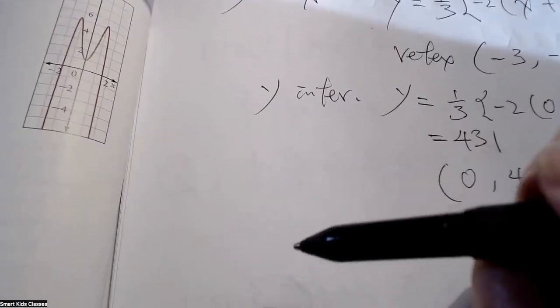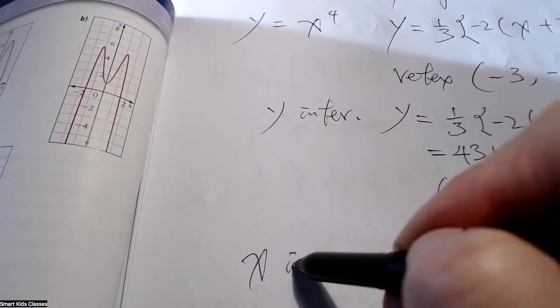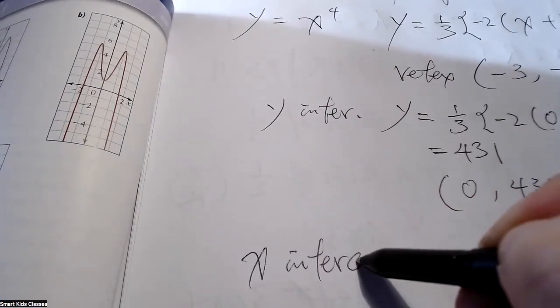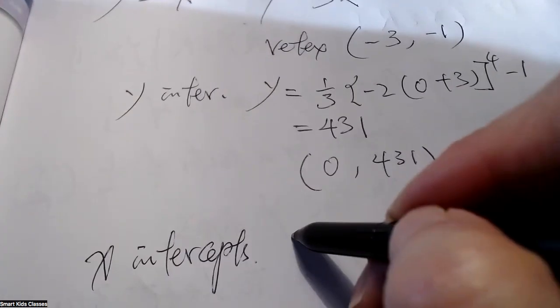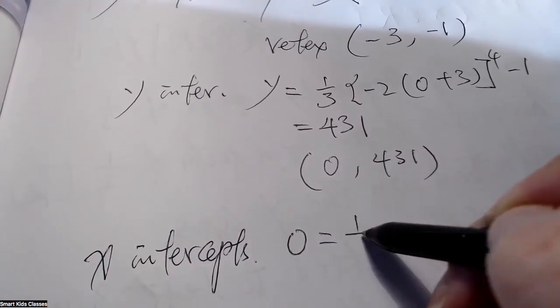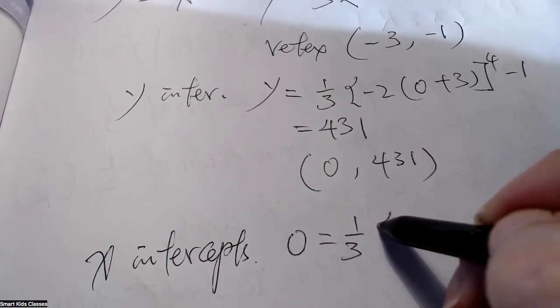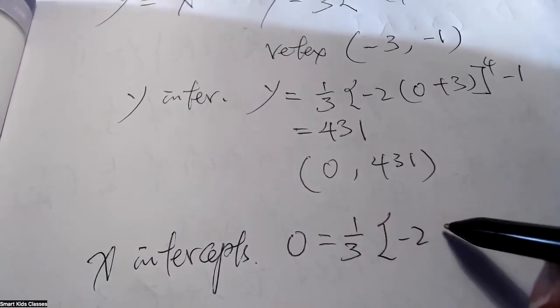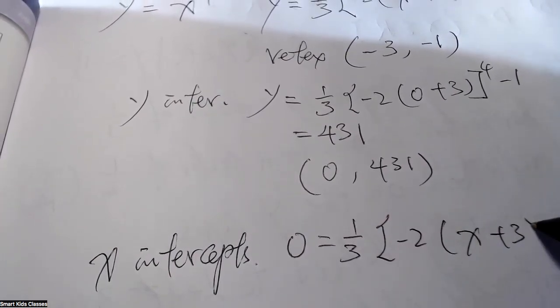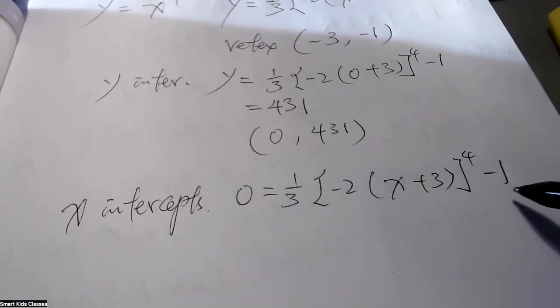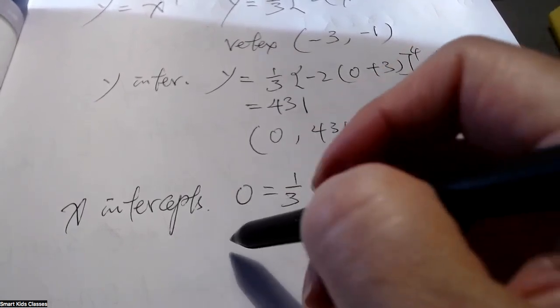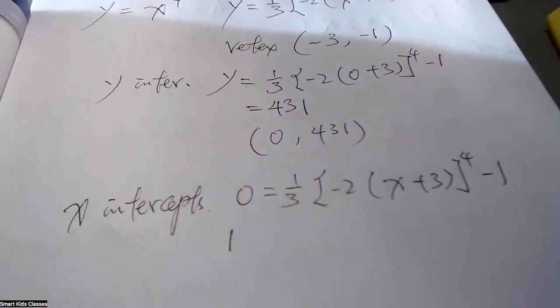So now we're going to find the x-intercept. We're going to make y equal 0. So first, we're going to cancel the -1, move it to the other side, it will be +1.